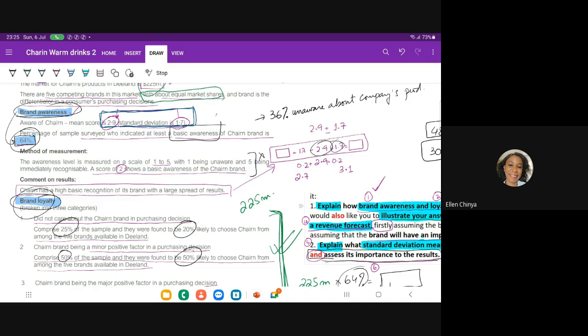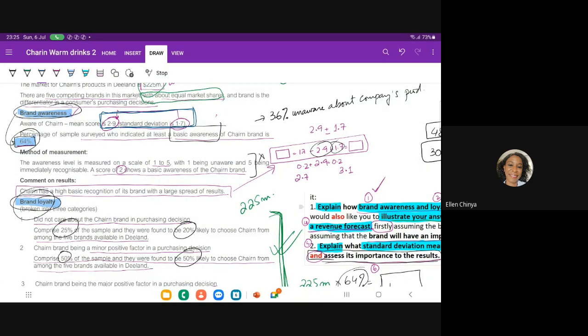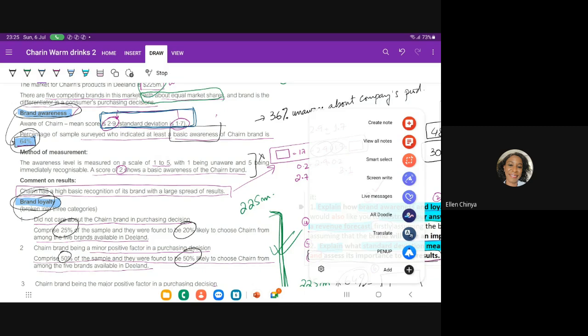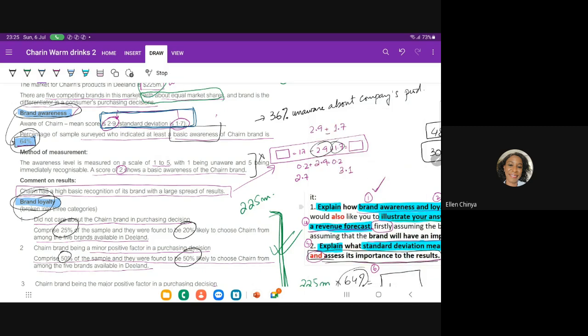So if you are saying that the standard deviation of this awareness is 1.7, that means this will impact your marketing techniques, because 2.9 is the basic awareness.